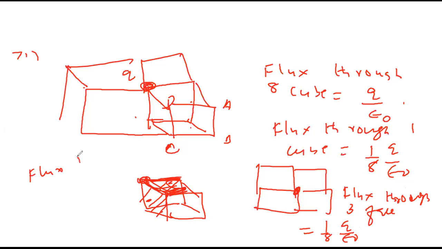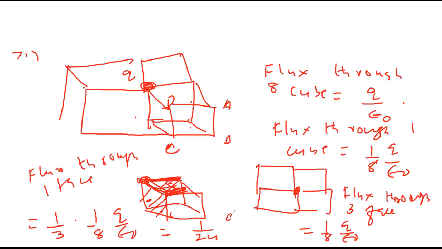So flux through one face will be 1/3 of 1/8 Q upon epsilon naught, that is 1/24 Q upon epsilon naught. This is flux through each face when the charge is at the corner of one of the cubes.